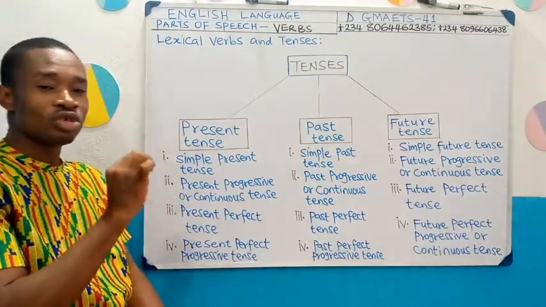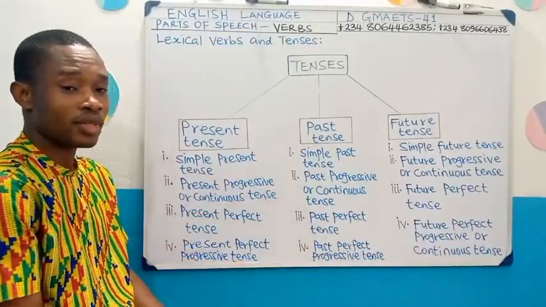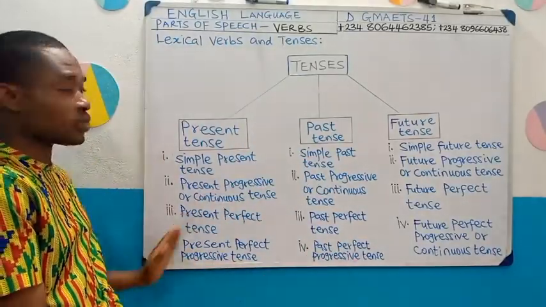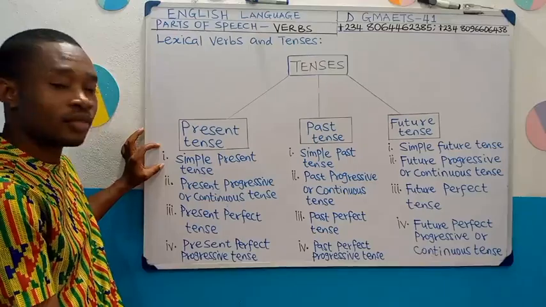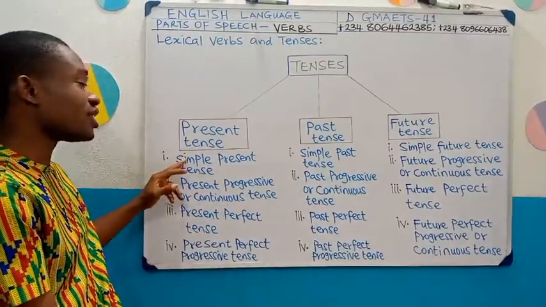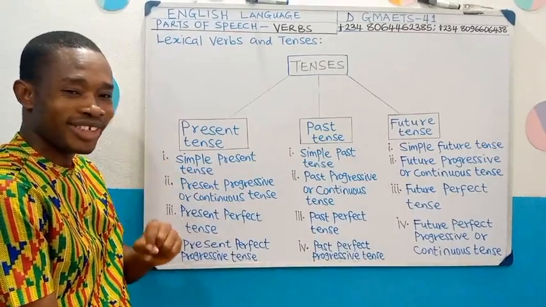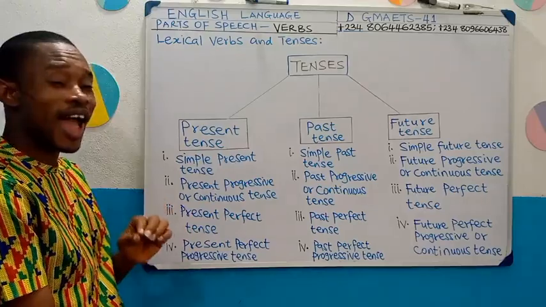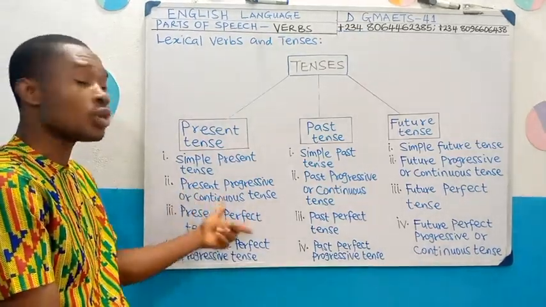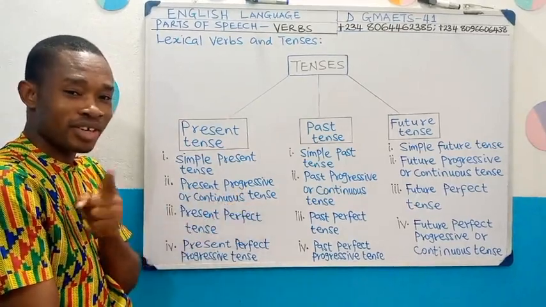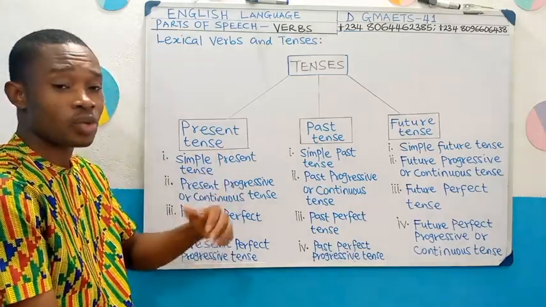Then again, if you look at each of these 3 major tenses, you then have 4 others under each of them. So let us take a look. Under present tense, we have the simple present tense. That's one. Under that present tense, we also have the present progressive or continuous tense. Remember, I told you earlier that progressive is still the same as what?